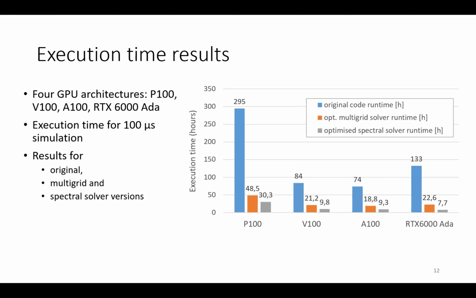So this was 295 hours, and we went down to 50 hours. And the end result is 9 on the A100 and 7, 8 hours on the Quadro card, which is a bit surprising because it's not a supercomputer card, not a Tesla card. So I'll come back to that why. Actually, Balint will come back to that, hopefully.